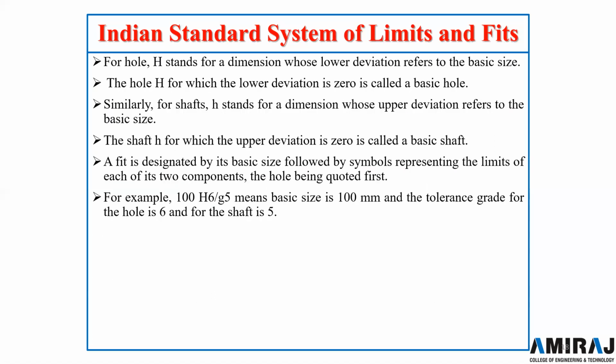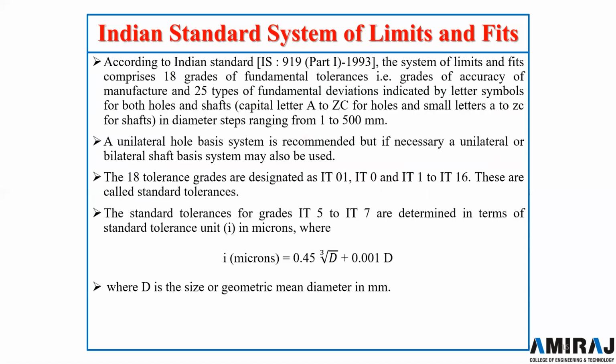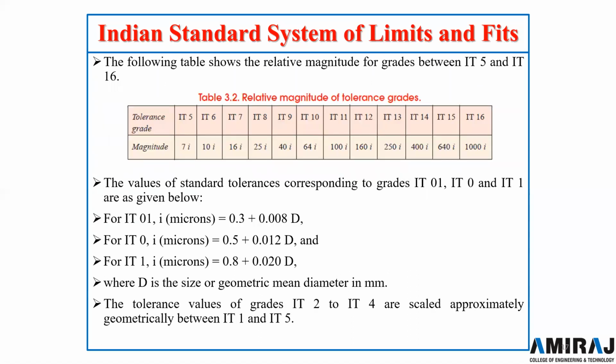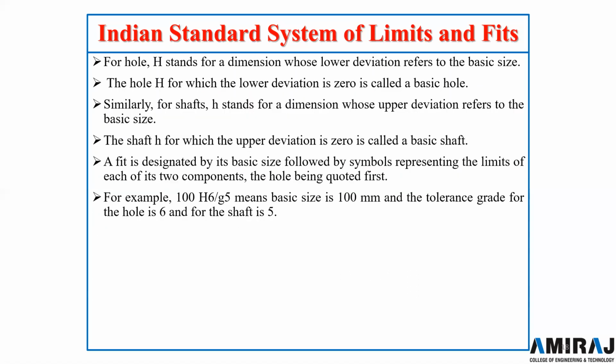Put the value 100 mm in here, take the cube root and multiply with 0.45, so you get the micron value, then multiply it by 7. So you will get the tolerance for small g, which means for the shaft, and capital H means for the hole.